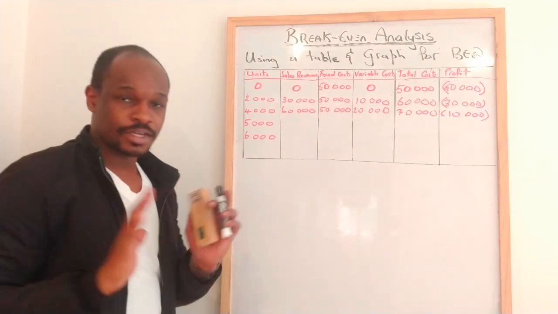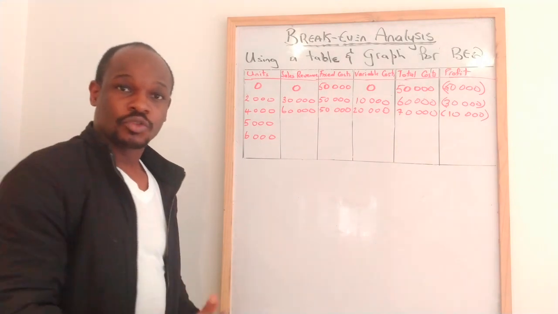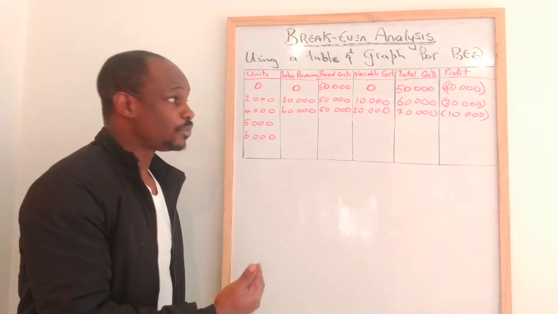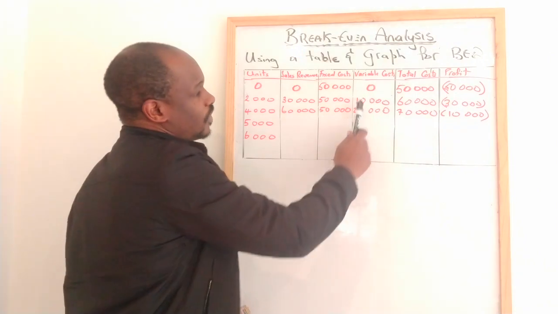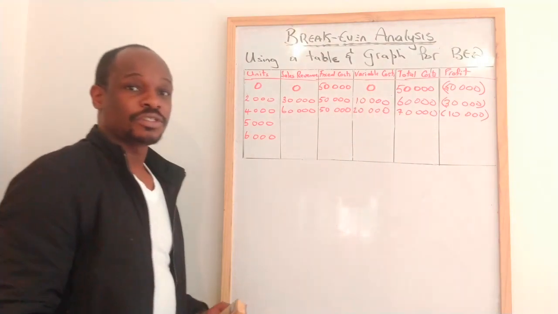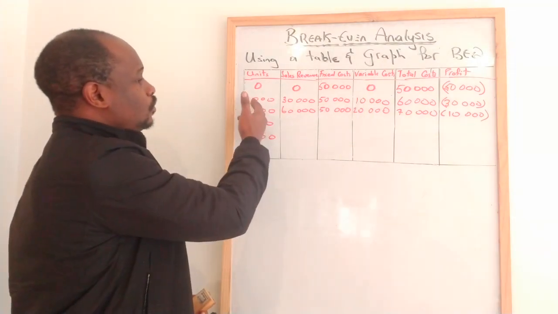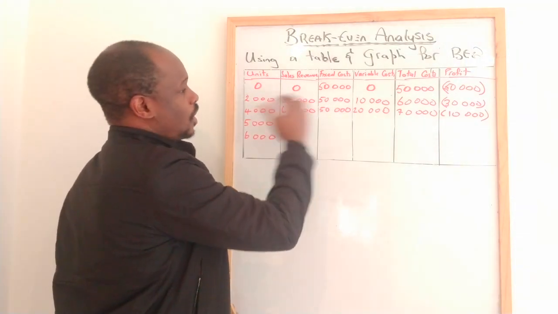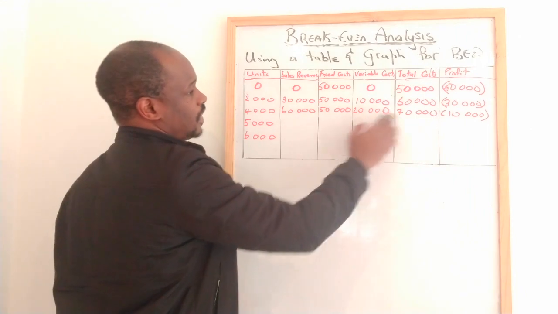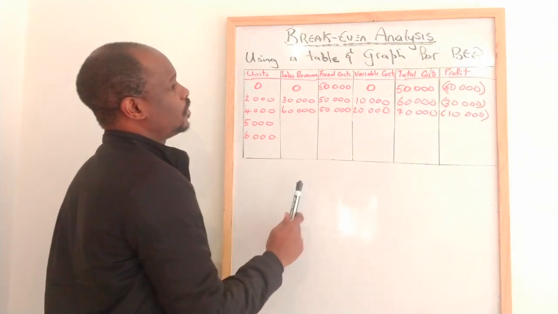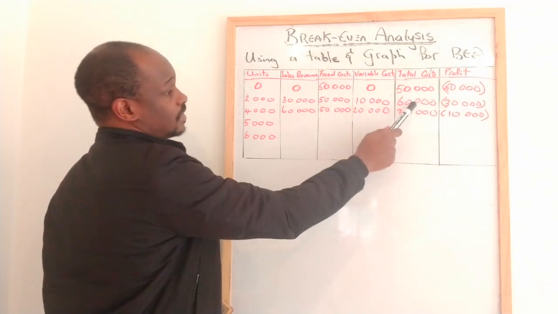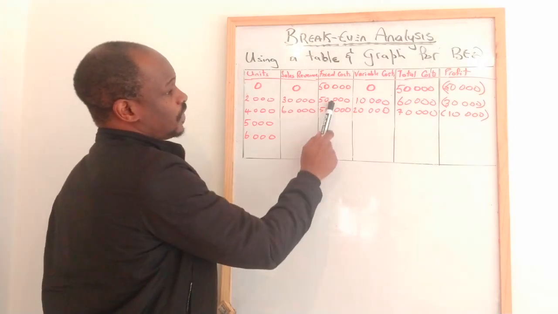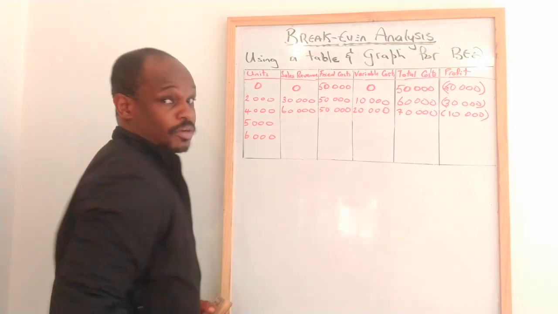It doesn't have anything to do with the amount of goods we're producing. Then we have the variable cost, which we're going to say is 10,000 to produce 2,000 units. Then we could find out how much it costs to produce one, which means our total cost here would be 60,000, which is our fixed cost plus the variable cost.